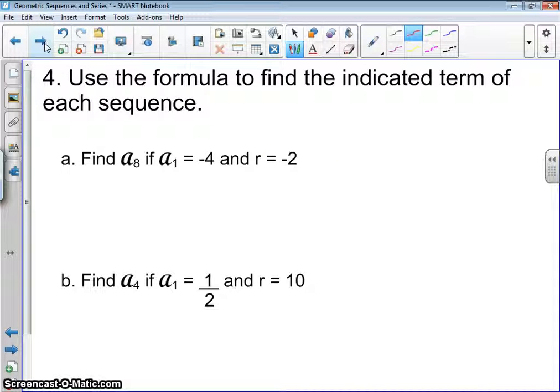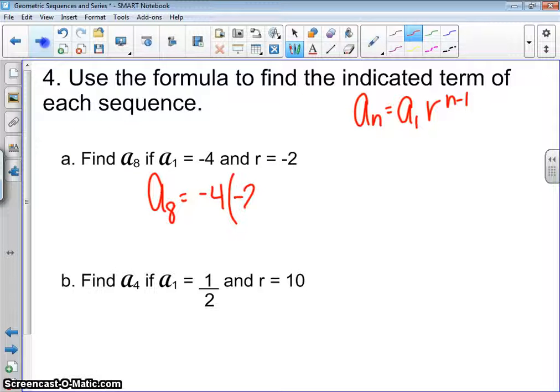Alright, so let's look at a few of these types of problems. So if I'm trying to find A8, if A1 is -4 and R is -2, I'm going to write this formula up here. AN equals A1 R to the N minus 1. So I'm looking for A8. A1 is -4. R is -2.